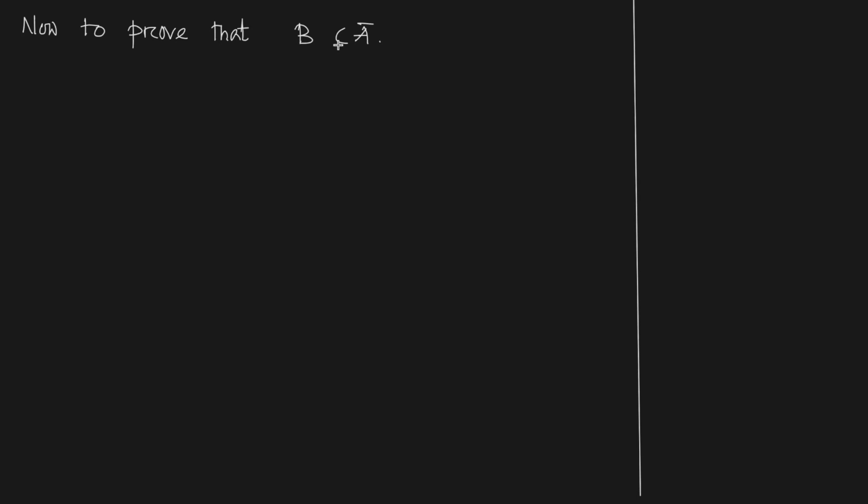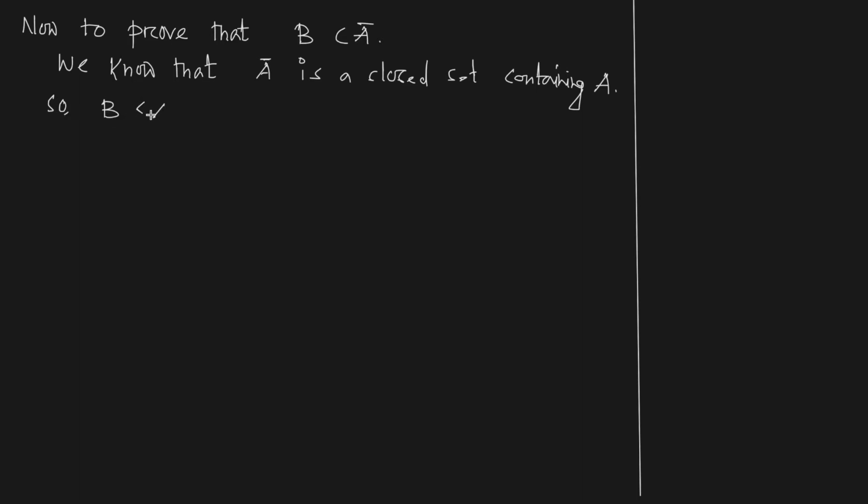If we can show that, then A bar is equal to B. Right, I said earlier that A bar is the smallest closed superset of A. So we know that A bar is the smallest closed set containing A. A bar is a closed set containing A. So B is a subset of A bar.